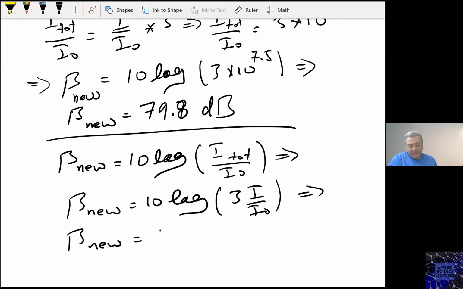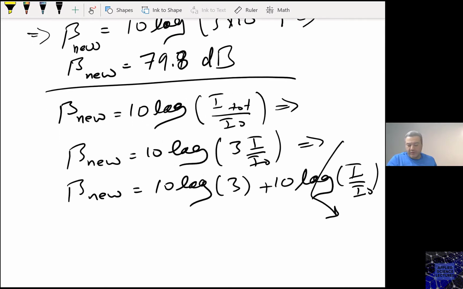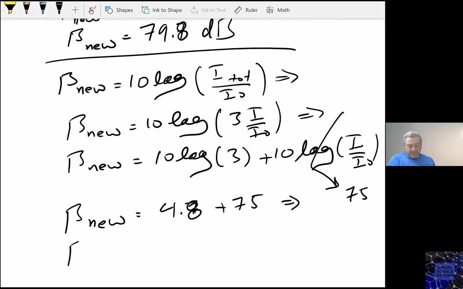Beta new is 10 logarithm 3 plus 10 logarithm I over I naught. We know this is 75, then beta new is 4.7 or 4.8 plus 75, and the answer is 79.8 dB.